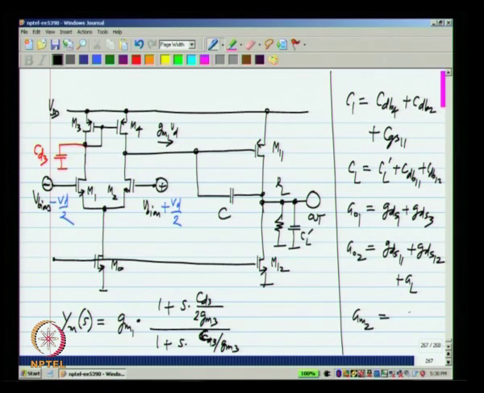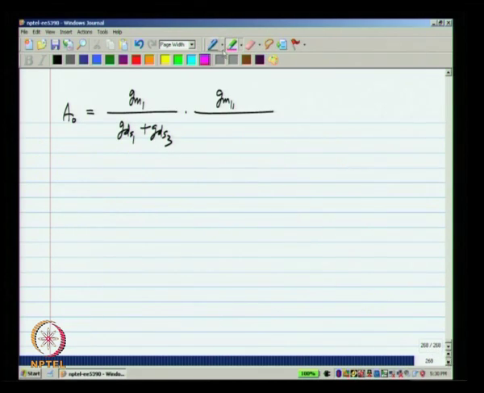GM2 is nothing but GM11, the transconductance of this stage, GM11 by GDS11 plus GDS12, and the unity gain frequency should be GM1 by C. This is what we have calculated, and we will place the non-dominant poles and zeros beyond the unity gain frequency.